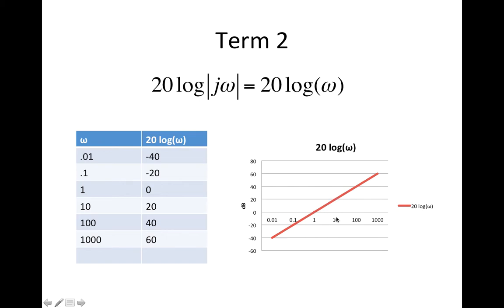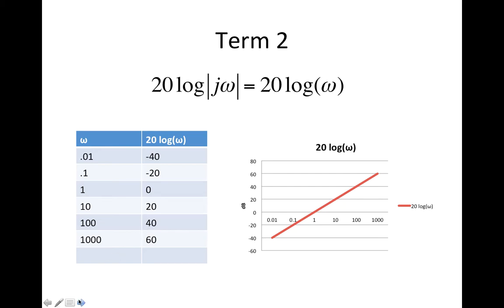At 10, the curve that I'm adding to this red curve is going to have a negative slope. The negative slope and the positive slope, when added together, will cancel each other out and give you a constant value, approximately. So what our asymptote is going to do is the low frequency behavior is going to have this plus 20 dB per decade slope. At 10, that's going to flatten out and give you 0 slope.